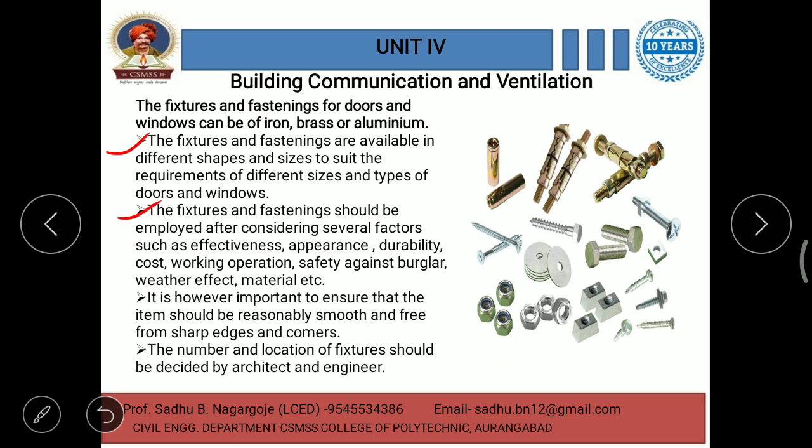The features and fastenings should be employed after considering several factors such as effectiveness, appearance, durability, cost, working operation, safety against burglar, weather effect, and materials. All these parameters must be considered while choosing these types of features and fastenings for the fixing of a particular type of door or window.